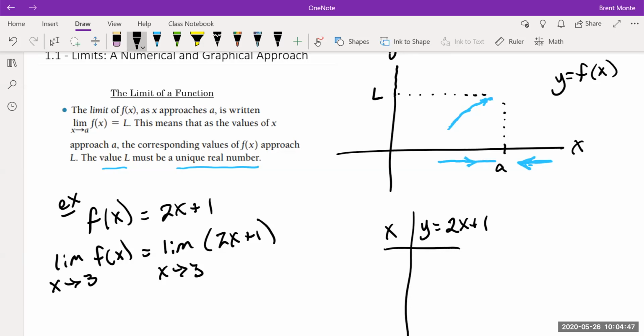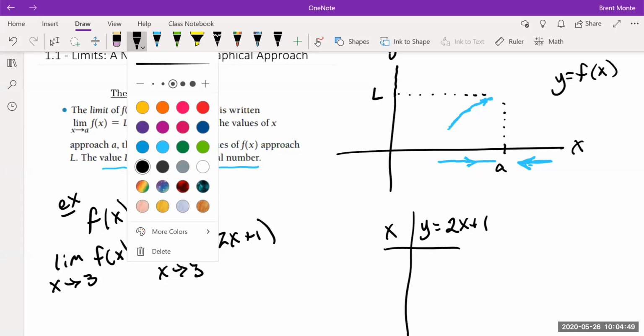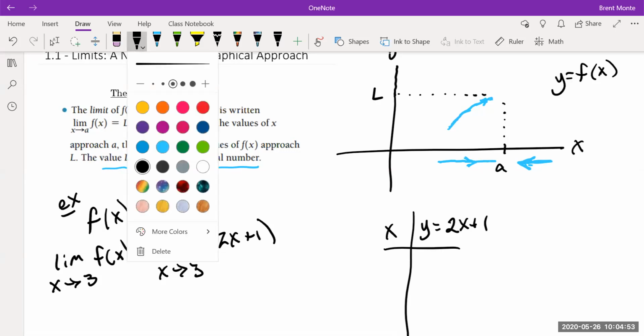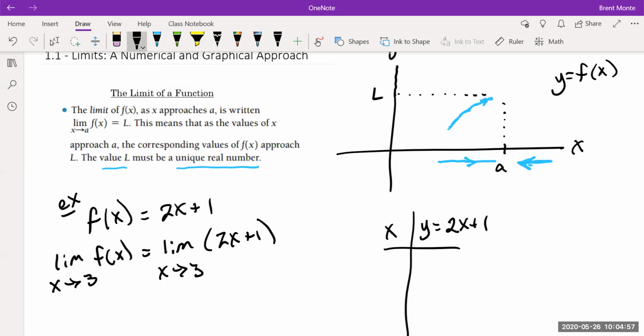Let's just draw something back up through there. We know the graph went up through here, and that was my point of interest right there. But what's happening really close to it? We're coming in from the curve in both directions.